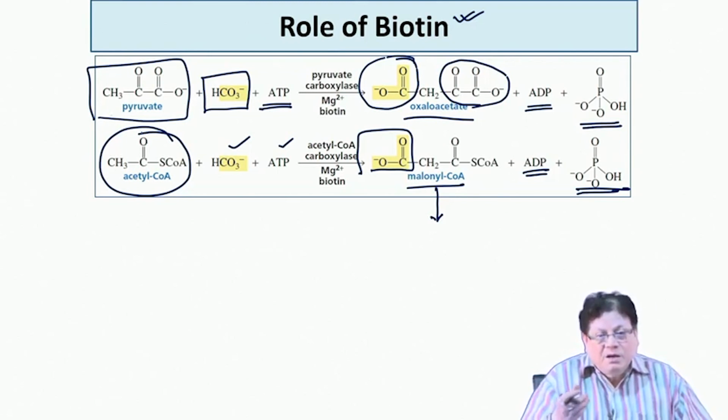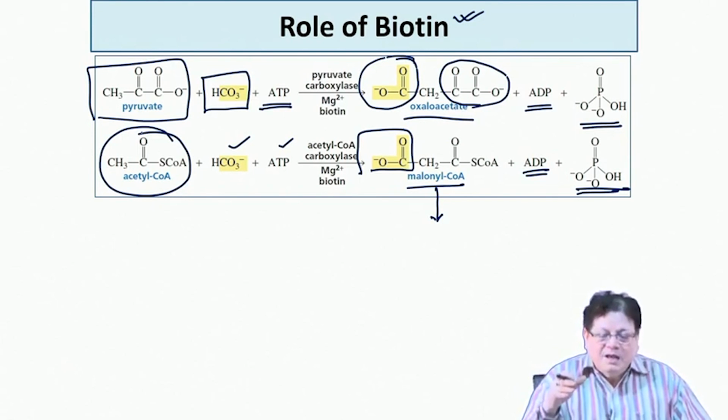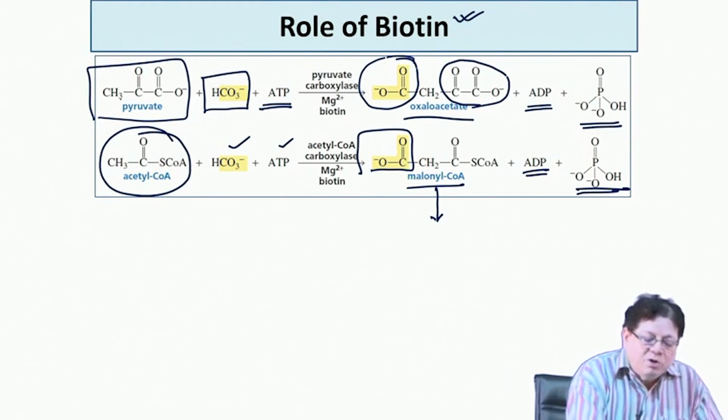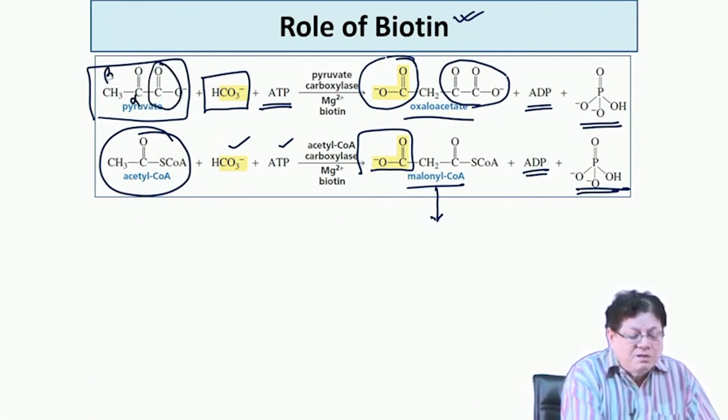You first form the carboxybiotin via the mixed anhydride of carbonic acid and phosphoric acid, and then you have a nucleophilic attack on the carbon forming the carboxylated biotin, and then that carboxylated biotin releases the carboxy group and carboxylates the alpha hydrogen in acetyl coenzyme A, and in this case it will carboxylate the hydrogen beta to the carboxy. So, this is alpha and this is beta, this is an alpha keto acid.